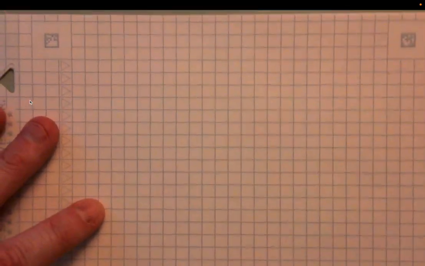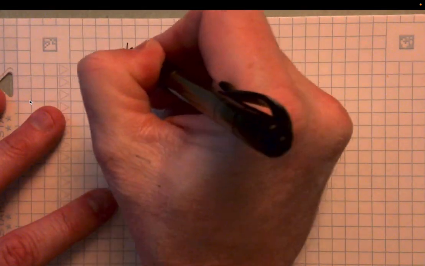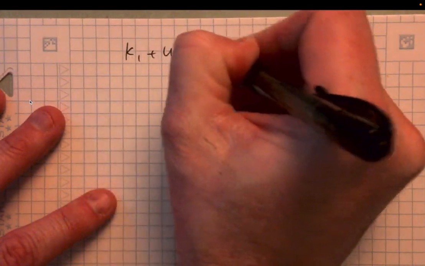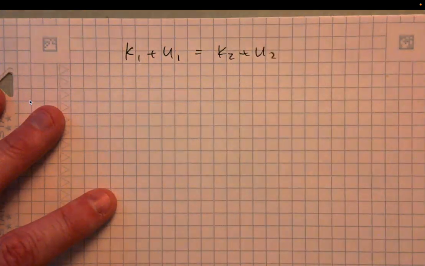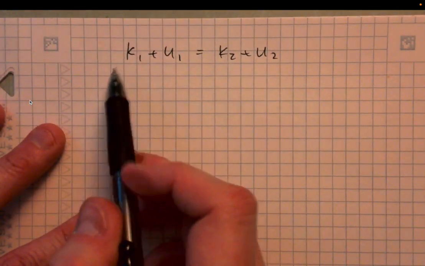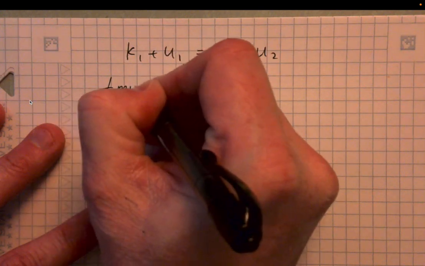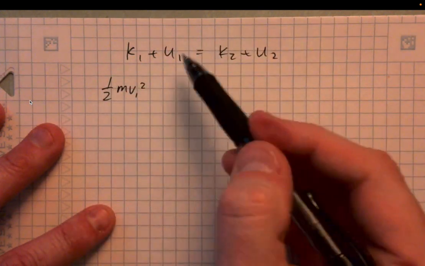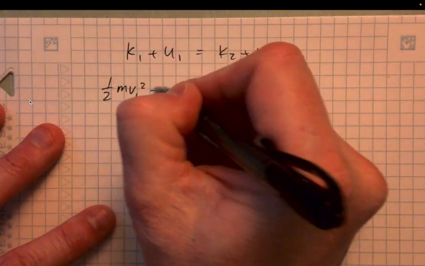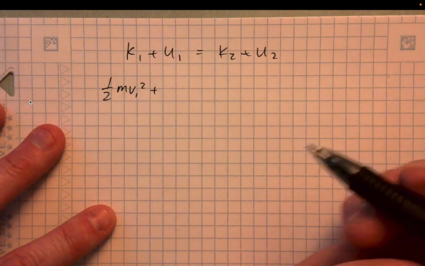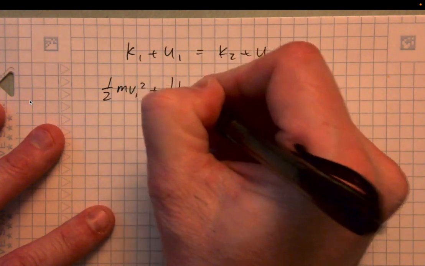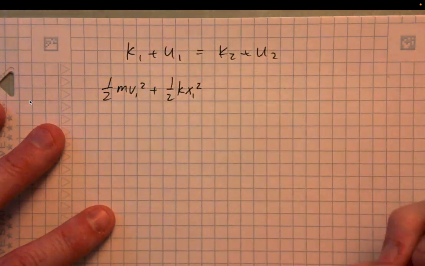Okay. Now, if we were to boil that down further into the actual kinetic and potential energy equations, we would say K1 plus U1 equals K2 plus U2. And instead of K1, the way we represent kinetic energy is again 1/2 mv1 squared. And our elastic potential energy, in particular spring force, is 1/2 kx1 squared.